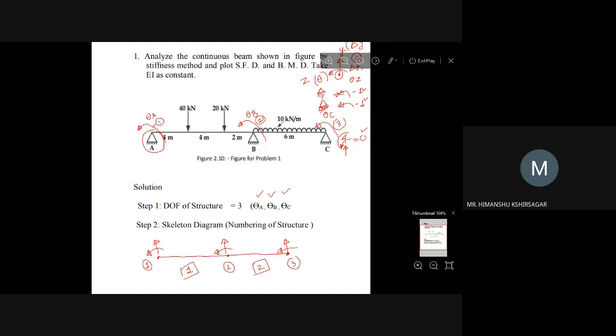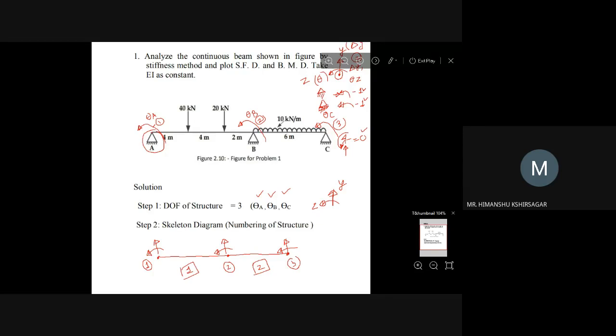So after giving the node number and the member number, along Y and Z direction at each node or at each support, we have to give the coding in the global coordinate system. What is our global coordinate system? This is Y and Z. Generally it is X, then Y, then Z, but X we are not considering here.